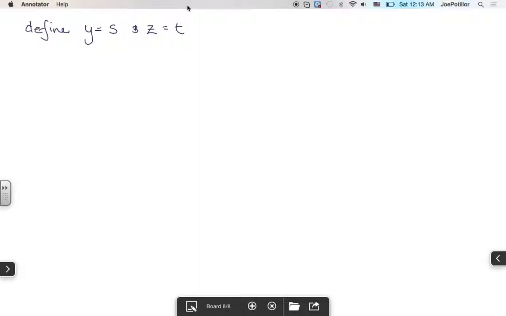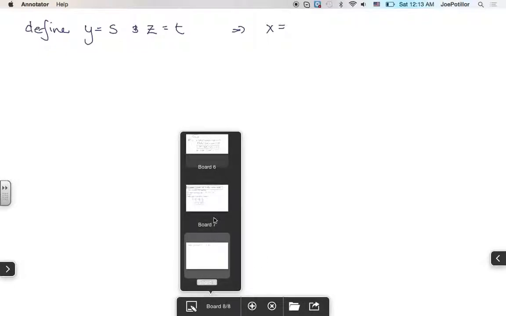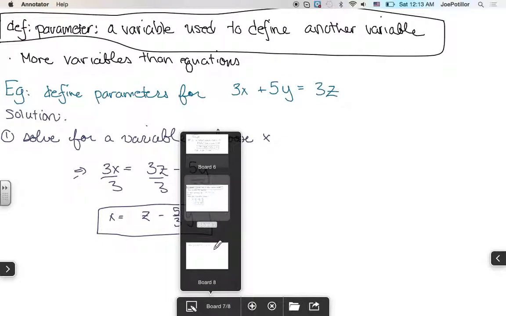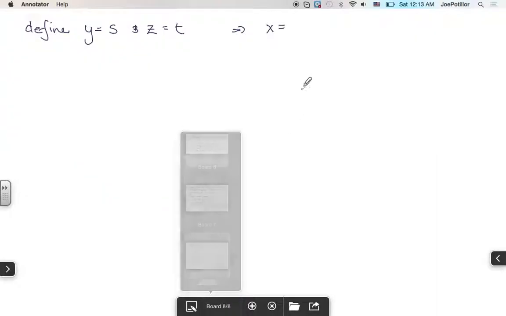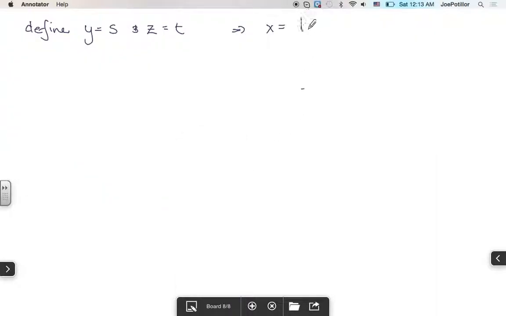Alright. So if I define y to be s and z to be t, let's rewrite the equation. Going back a page, we end up with x is equal to t minus 5/3 s. The key to parameters is that we define them. So x is equal to t minus 5/3 s.